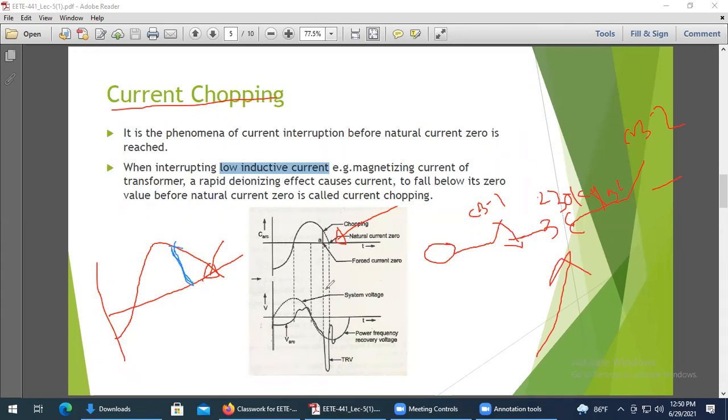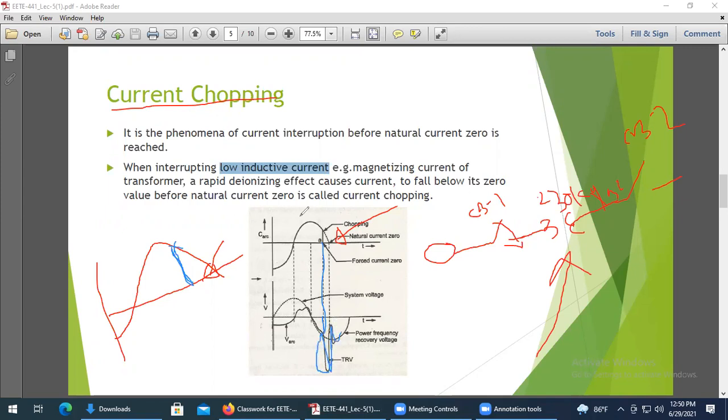If you take a closer look at this point, here you have extinguished the electric arc before it naturally becomes zero. At this point system voltage is quite large. So due to this large system voltage, a high frequency TRV will appear here.